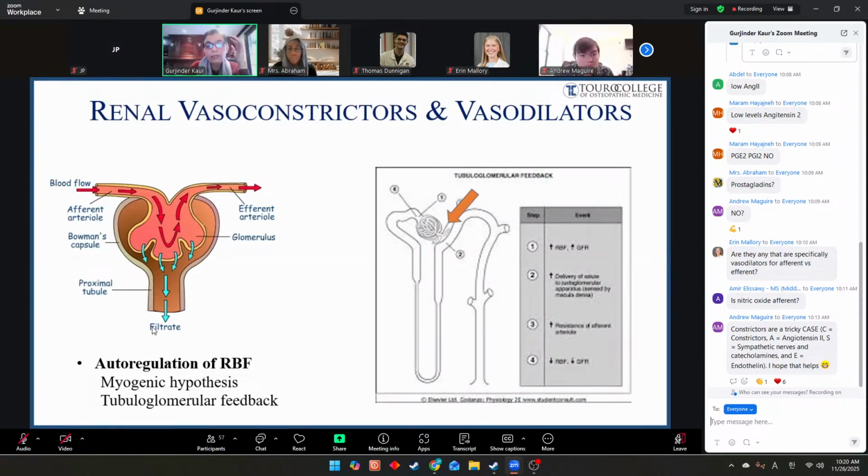The second one is tubuloglomerular feedback. The name suggests it on its own. From the distal tubule to the glomerulus, it's giving a feedback, right? So this hypothesis takes care of a high GFR, in case the body is losing too many solutes.